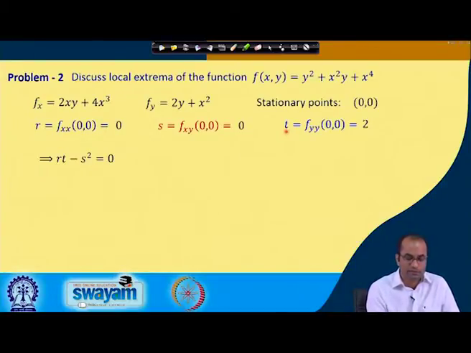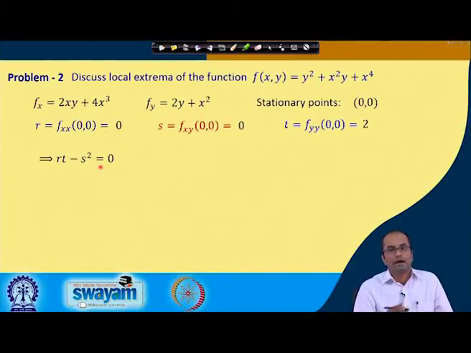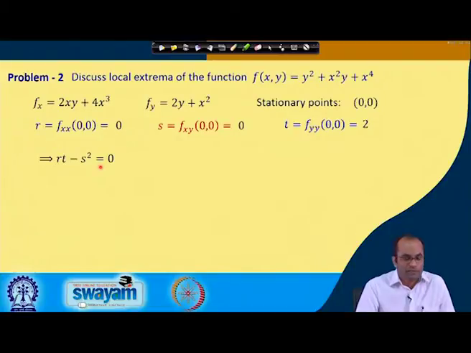This is r and t here, so this will be 0 and minus s square 0. In this case the test fails. So, we cannot conclude anything based on this rt minus s square or the second order derivative test, and we have to find some other ways to conclude, if we can, what this point (0, 0) is.